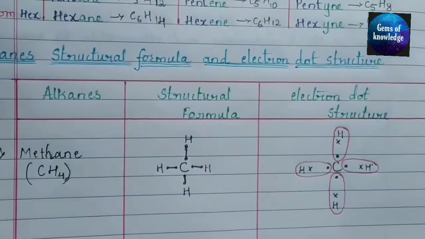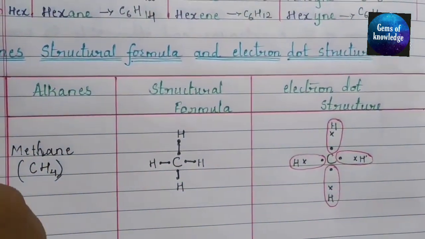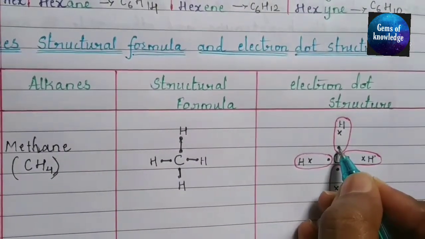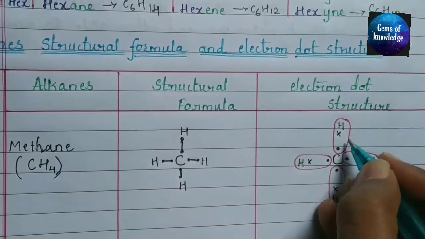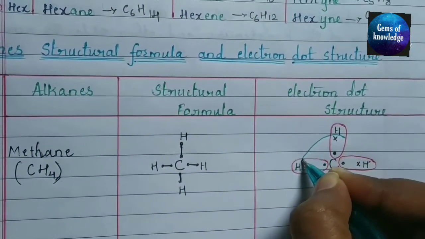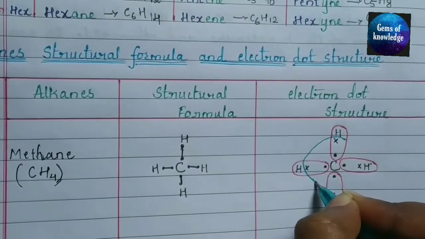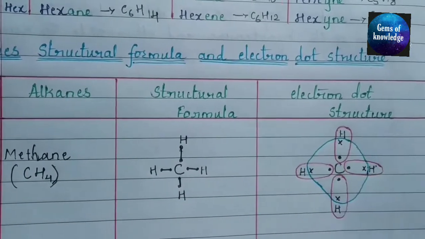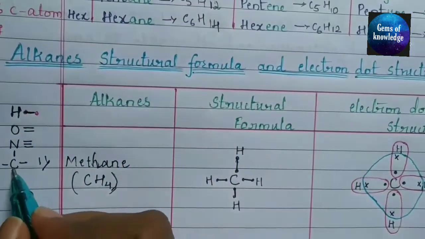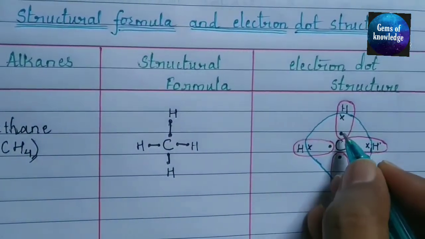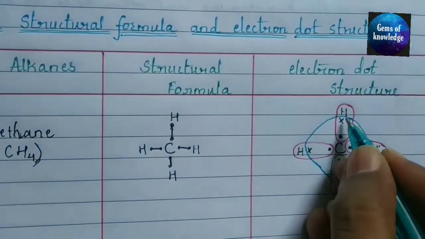Then, next, what will be remaining? Carbon is remaining. Now, carbon is already having its 4 electrons. So what it does, it will take the 4 electrons of hydrogen together and it will make a bond. Here I told you carbon is having 4 bonds. So here it will double up and it will take 2 electrons.